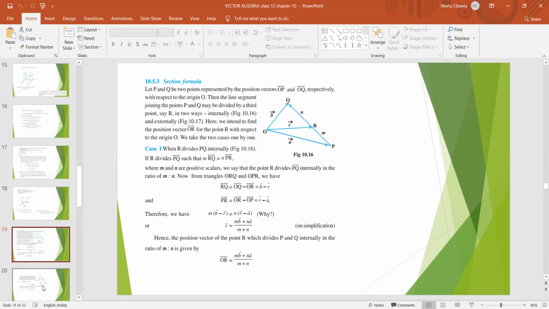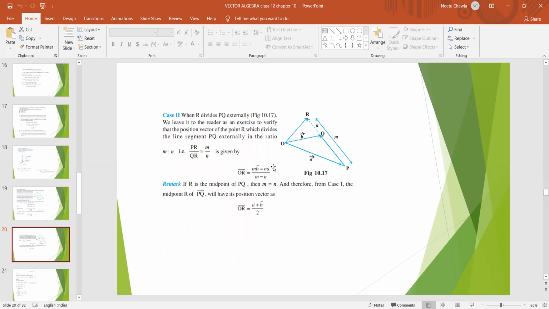And for external division, it is the same way, only the sign will be changed to a minus sign: m b vector minus n a vector upon m minus n. If suppose m and n are equal, meaning this is the midpoint, what will it become? This will become a vector plus b vector upon 2.